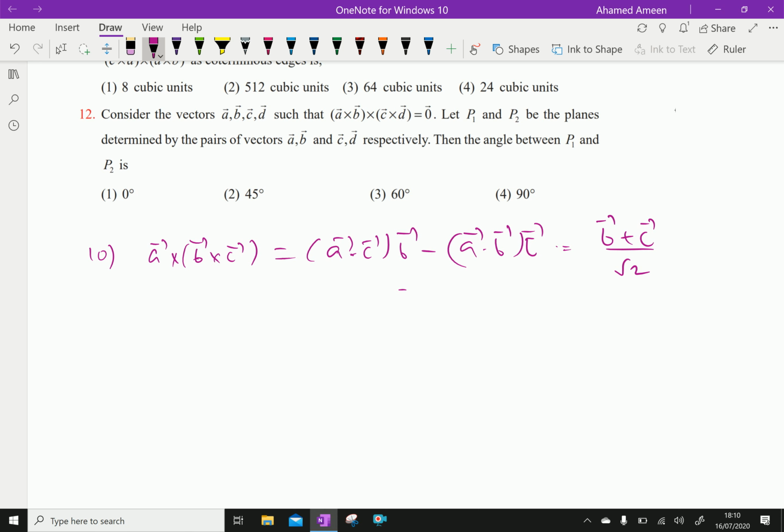Now which is further equal to B vector over root 2 plus C vector by root 2.